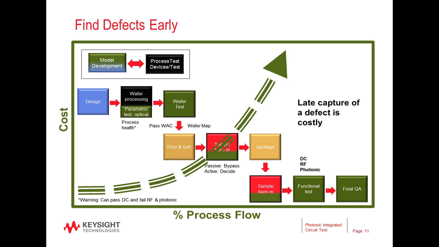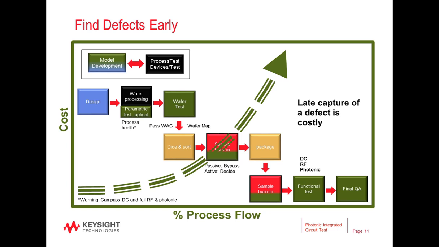Testing on your design really starts in the fab, where optical and electronic tests are performed by the foundry during wafer processing to ensure process health. With completion of the process, the wafer is available to test good guy and bad guy.